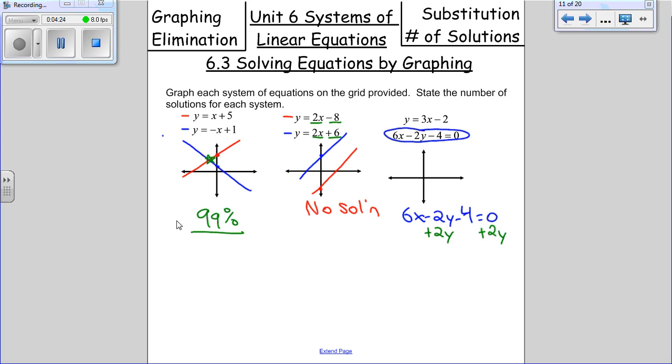So we have 6x minus 4 equals 2y. And divide everything by 2. So this equation is y equals 3x minus 2.